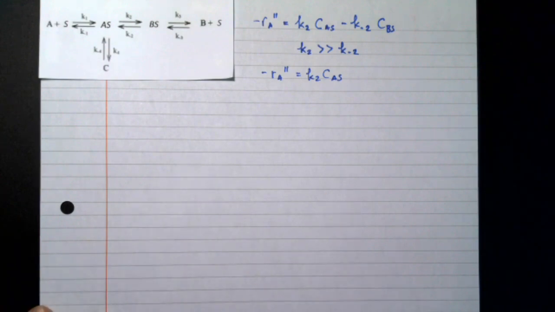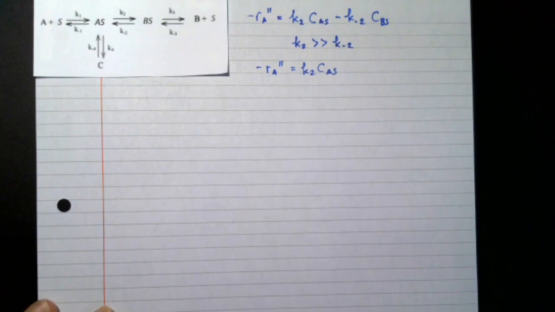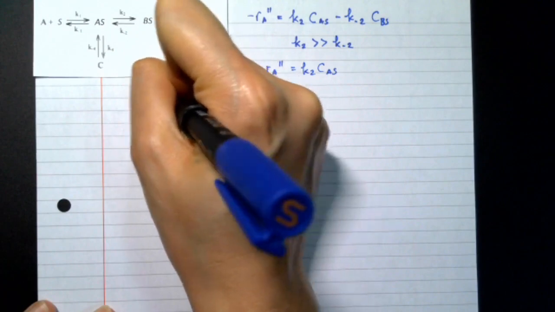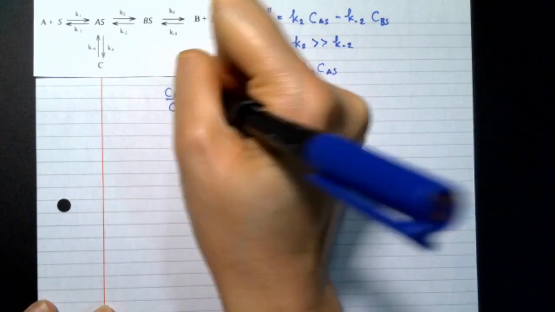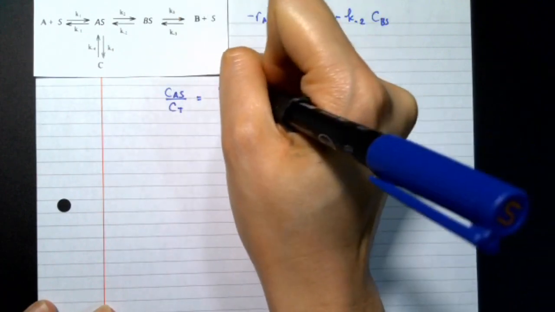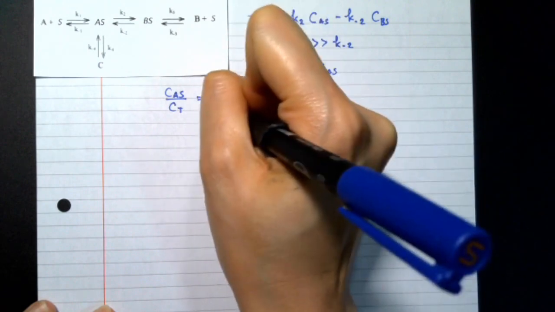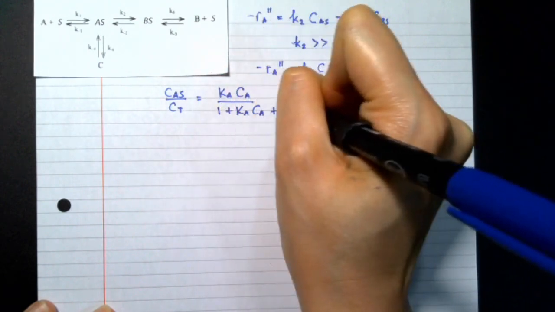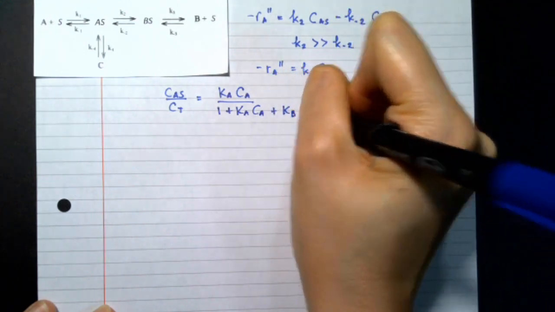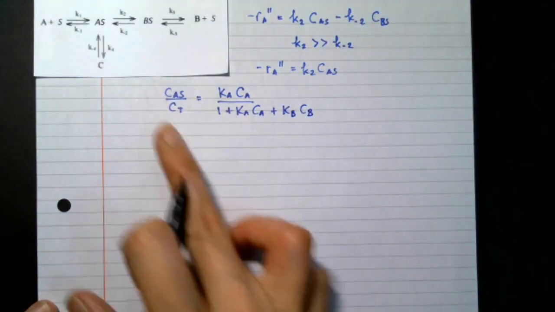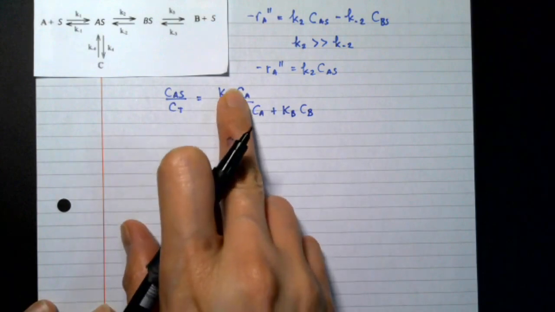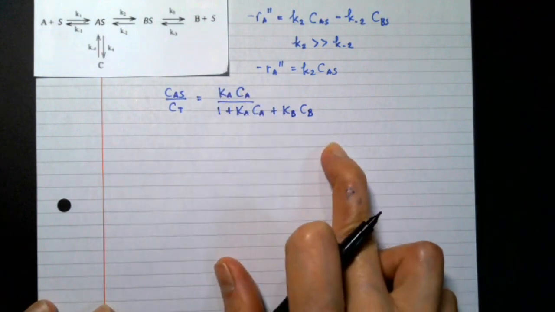So we can use the formula for the competitive Langmuir isotherm. We can write CAS over CT. This is equal to KA CA divided by 1 plus KA CA plus KB CB. So note that we are writing this expression in terms of the bulk concentrations of A and B.